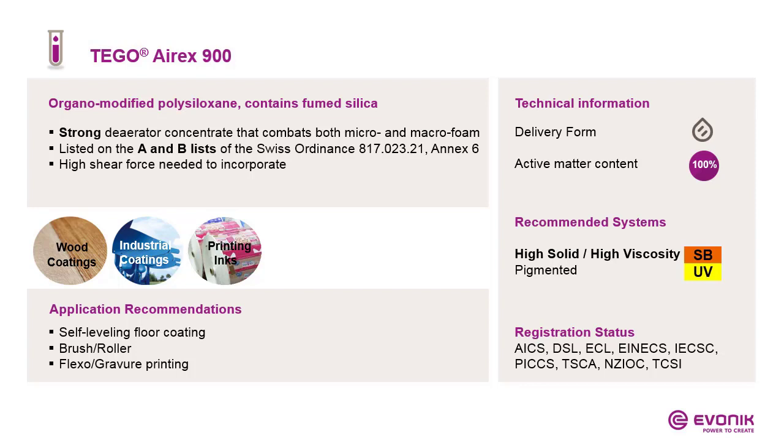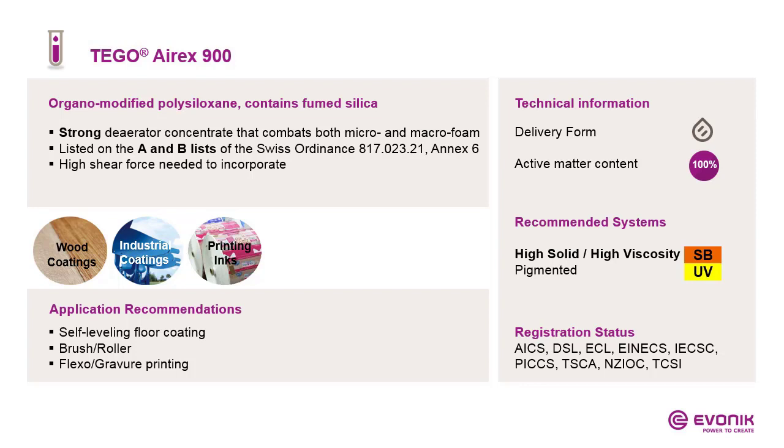What's so special about this Airex 900 is that because it's listed on the A and B list for Swiss ordinance, we can use it for direct food contact. But be careful because we have to use this in a high shear force to incorporate them into the system.